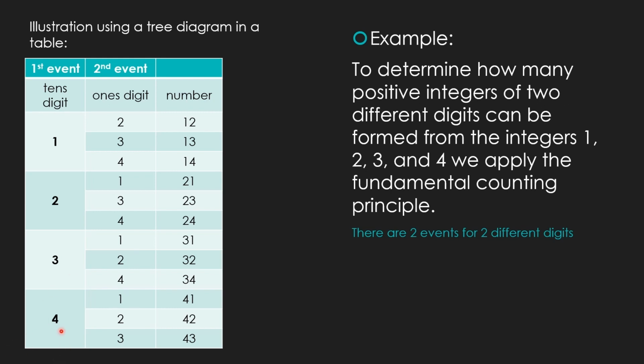And the same with the 4. If 4 is chosen on the first event, then on the second event, 4 will not be included. So as you can see here, in the first event, there are 4 choices. Either you choose 1, 2, 3, or 4.